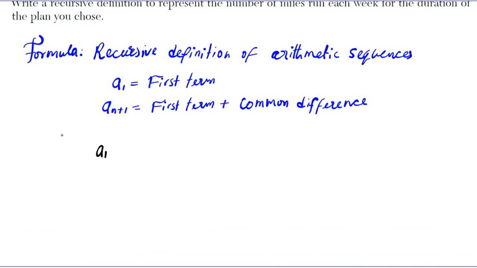So for Jillian's plan, we have to indicate which one we're doing. We have the following recursive definition. A1, the first term, is 10. And then the next term is just going to be the previous term.